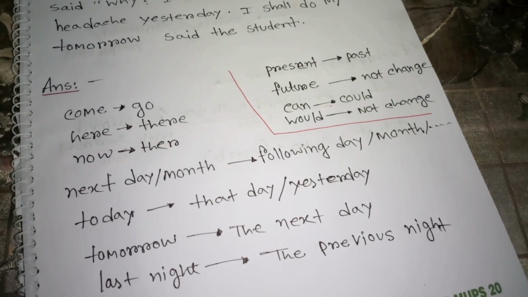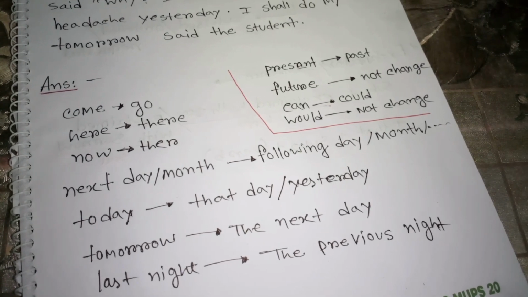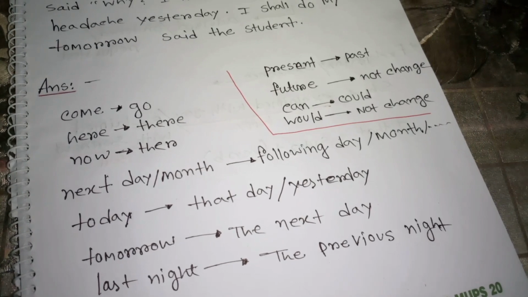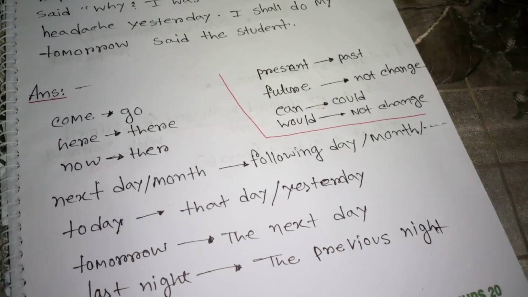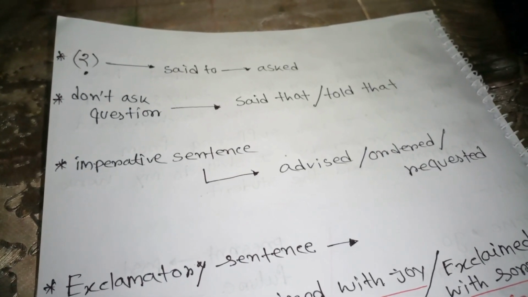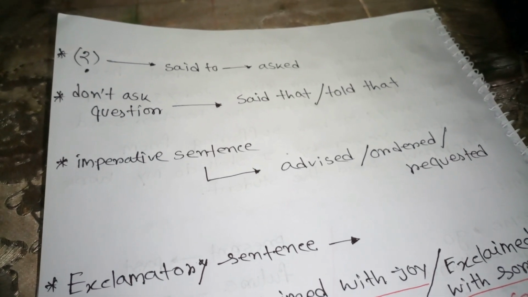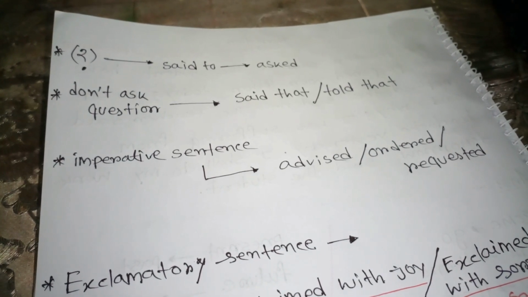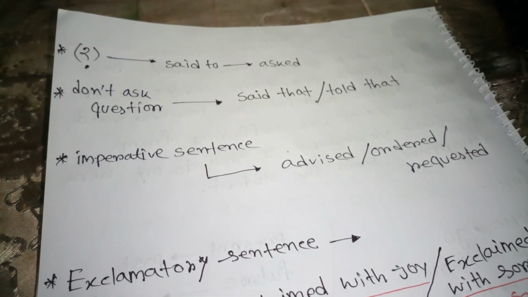And if I say briefly, if the model is before the verb, you have to change the model. And if any line is a question, you have to change "say" to "ask." And if the question doesn't have any question word, you have to change the verb to "said that" or "told that."